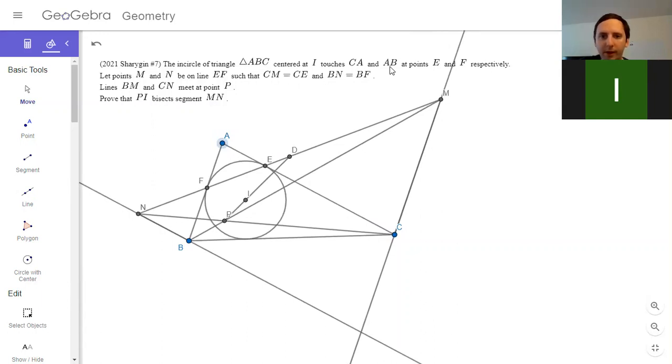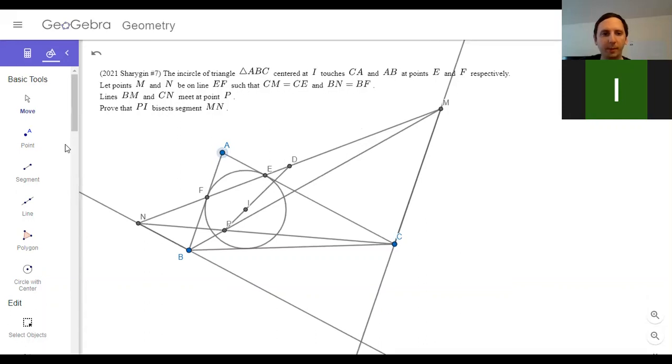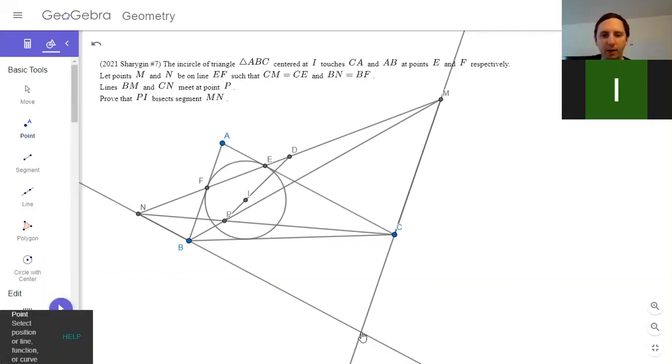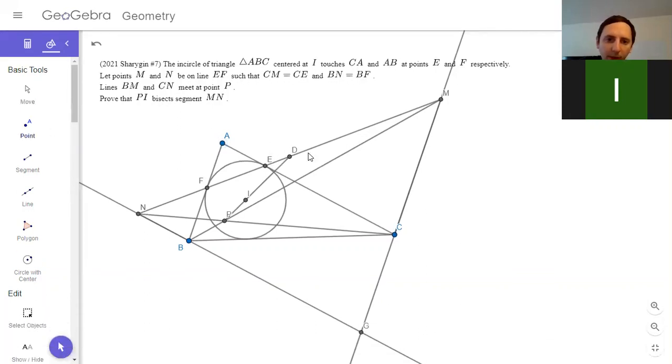Do they meet on AI? No, but there is a parallelogram. So basically we want to show D as the midpoint. We want to show GB as perpendicular to MN.